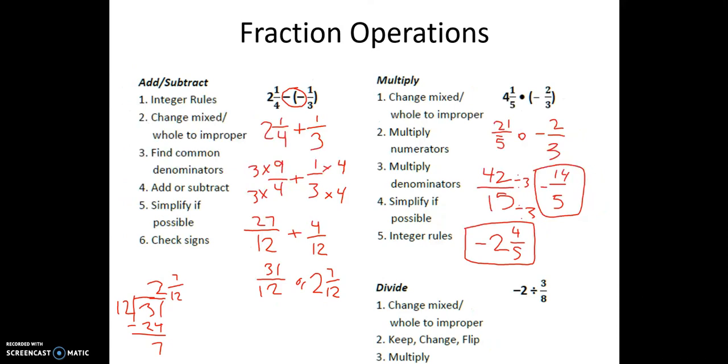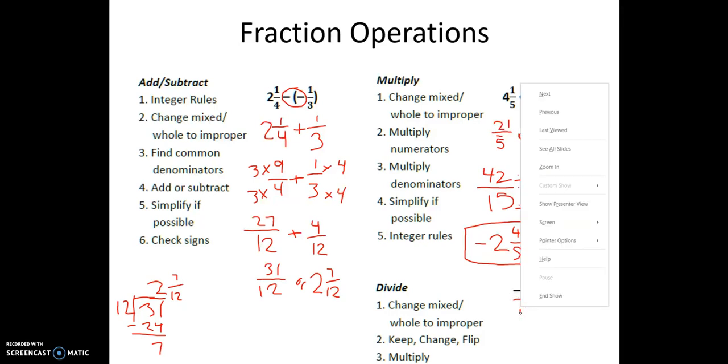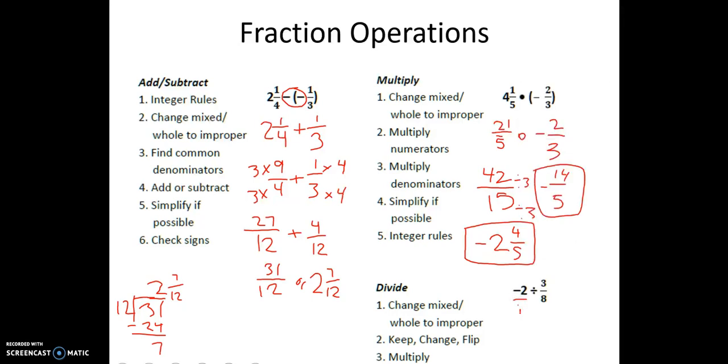Okay, and then our final one is if we're dividing. We have a whole number this time. We're just going to put it over 1 to change it to a fraction. Okay. Keep, change, flip. So this is going to be keep it as a negative 2 over 1.